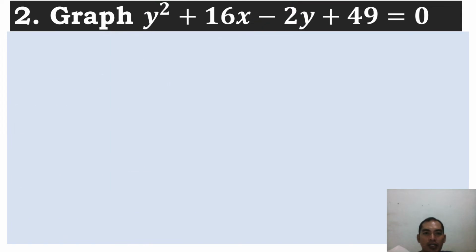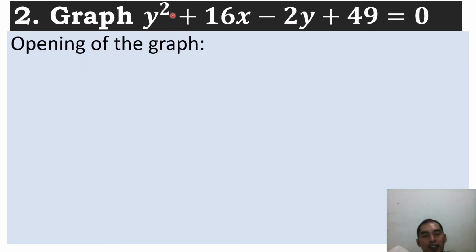Okay, so let's proceed to example number 2. How about the graph of y squared plus 16x minus 2y plus 49 equals 0? So we first get the opening of the graph. Your leading variable is y, and the opposite of the variable is x.